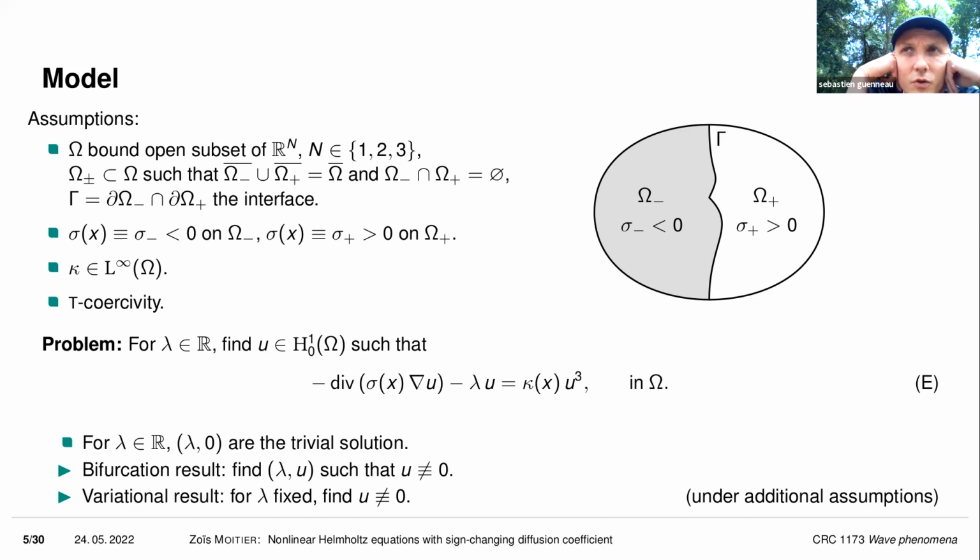Another question, I think people would be interested in: so far sigma is a scalar. Can it be matrix valued? Can you have two anisotropic media, one positive definite, one negative definite? Matrix valued, anisotropic media. Can this be done?